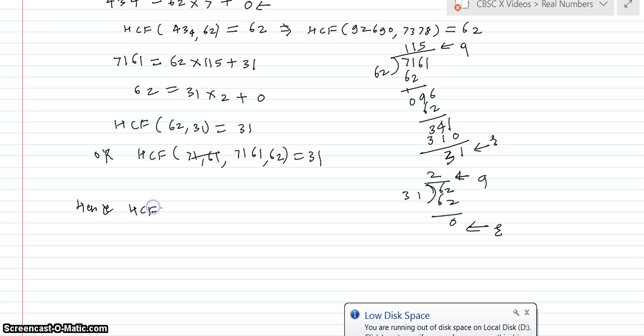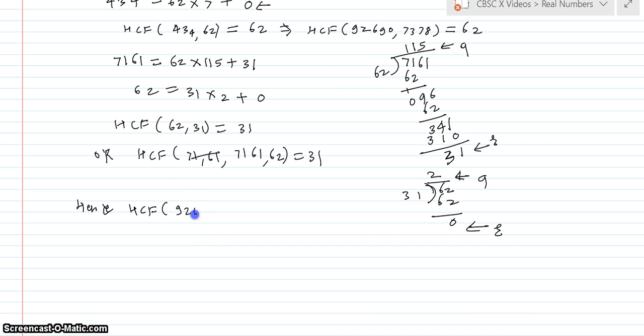And hence HCF of all the three numbers 92690, 7378 and 7161 is equal to 31.